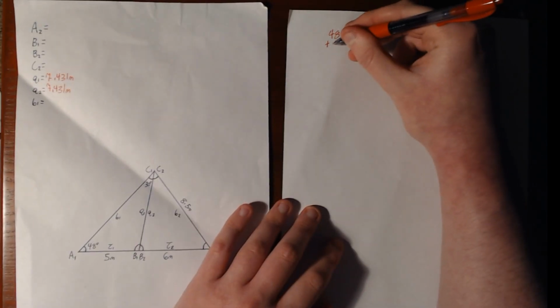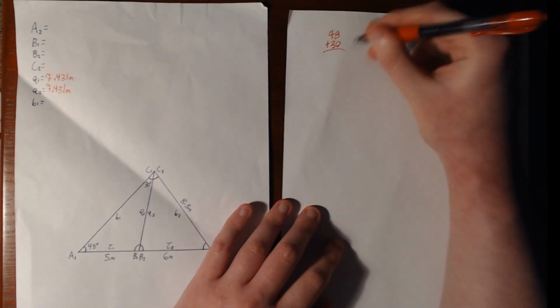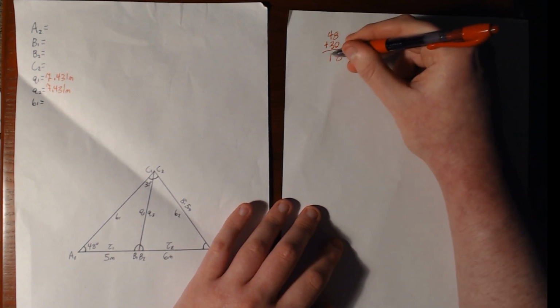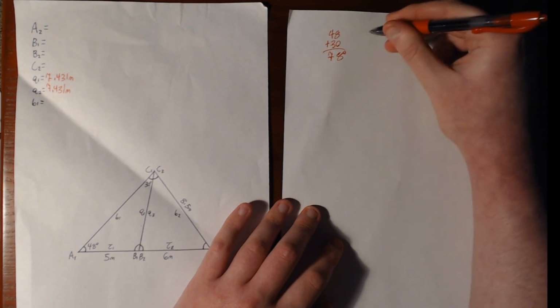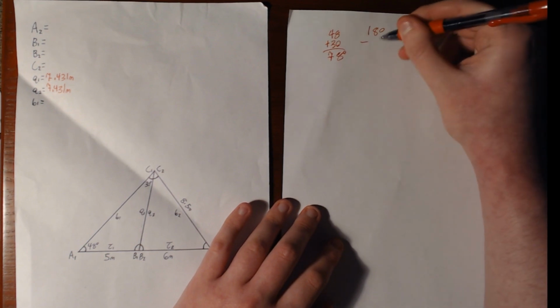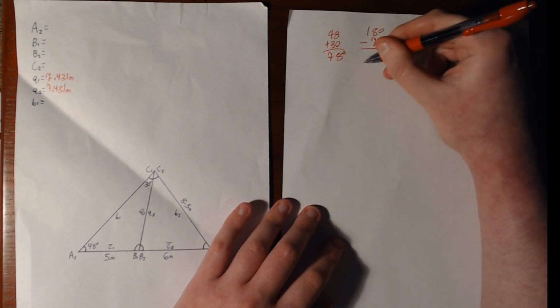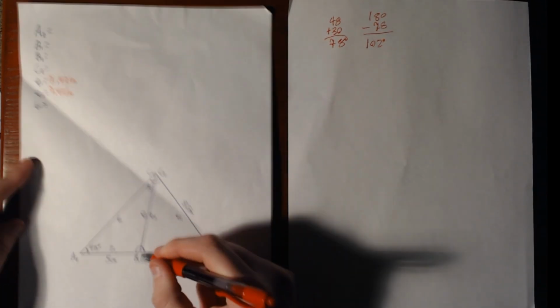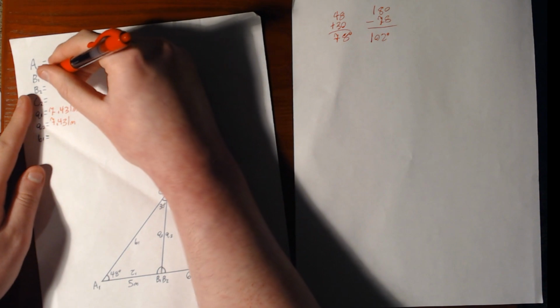Add them up: 48 plus 30 degrees equals 78 degrees. And then we take 180 minus 78, and that will give us 102 degrees. So now we've got b sub 1 equaling 102 degrees.